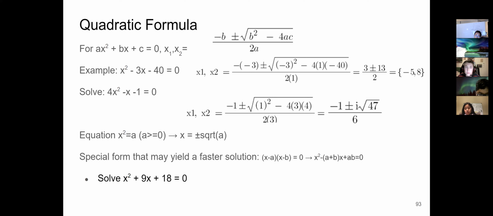The constant is a product of 2 numbers, and the coefficient of x is the sum with a negative sign. For example, x squared plus 9x plus 18. This is very obvious. Oh, wait, is this correct?